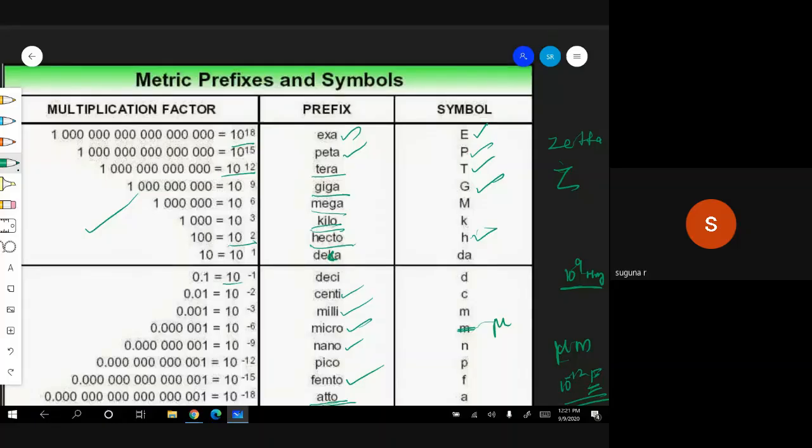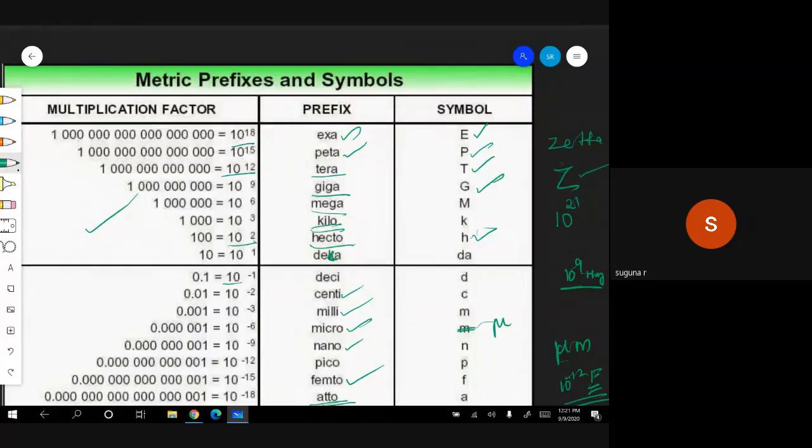Capital Z is zetta. Zetta means 10 power 21. More than exa, it is zetta. The symbol is Z, and it is the 10 power 21 prefix.